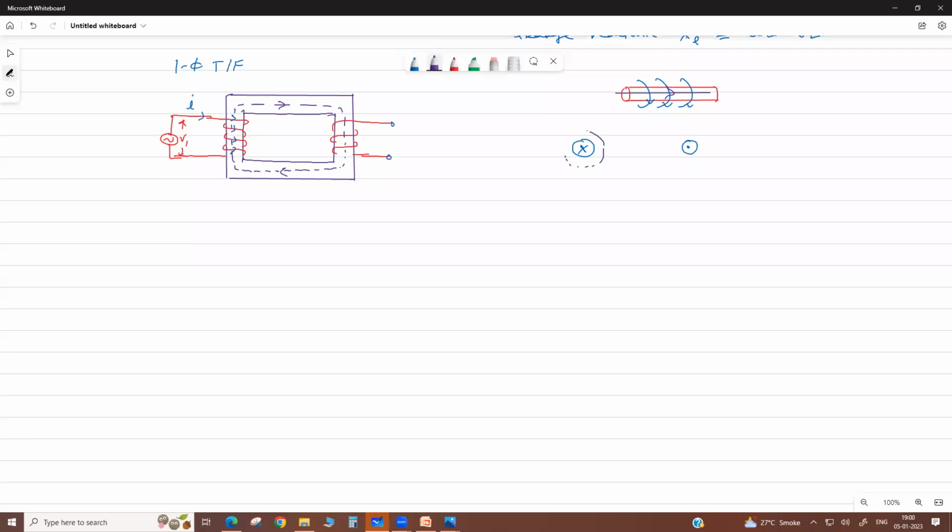Your flux direction is clockwise, like here to here. But here the current is outward, so the magnetic flux is anti-clockwise, correct?